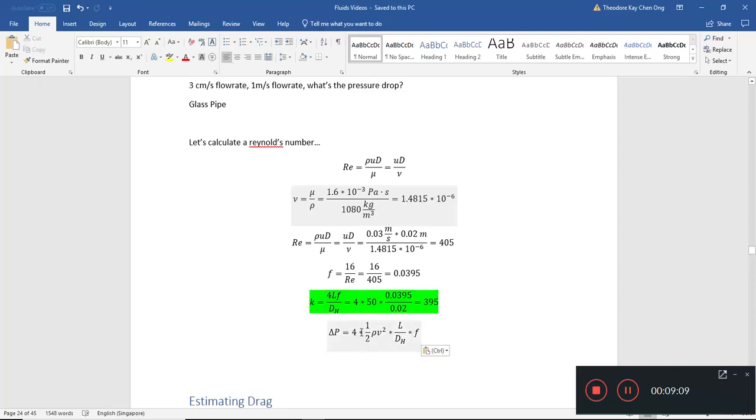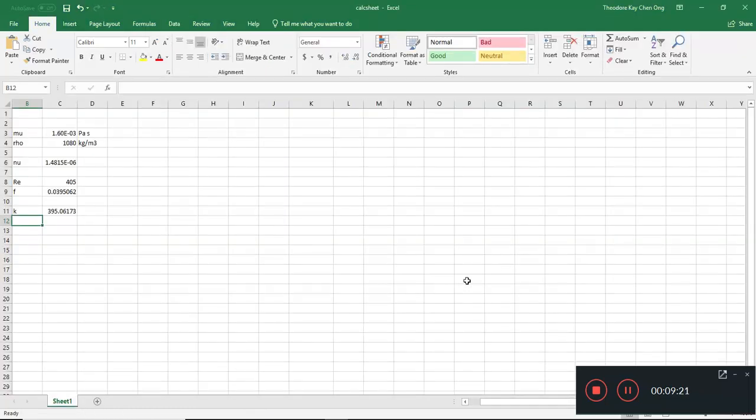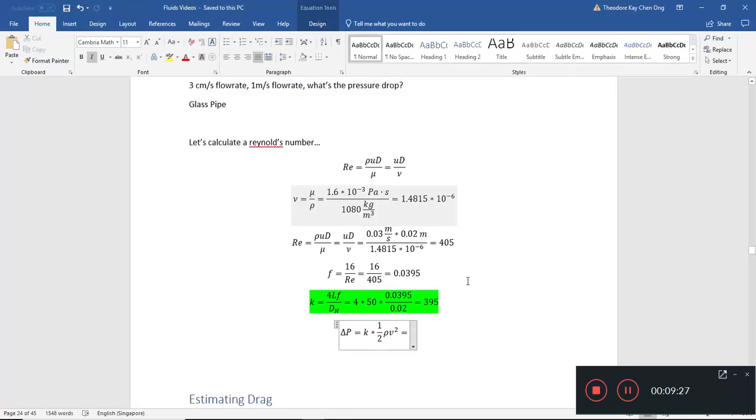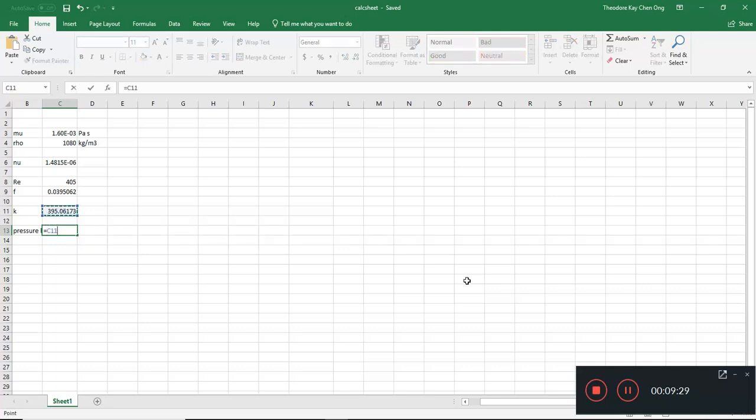So this is just K times half rho V squared. What's our V? Again, a pressure loss. K times 0.5 times, what's the rho?